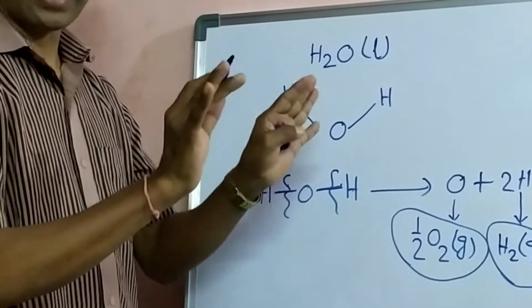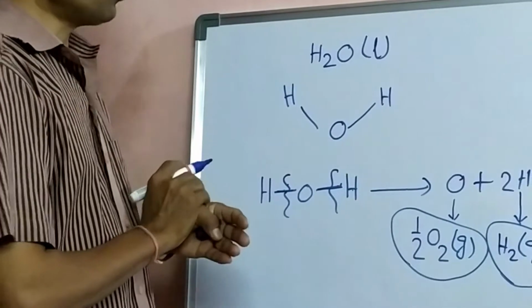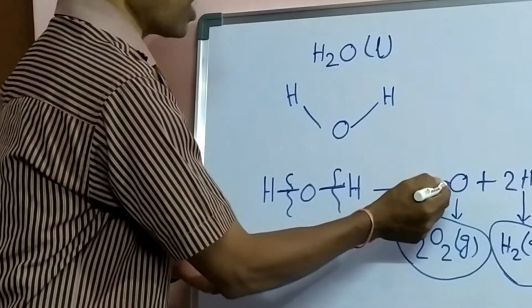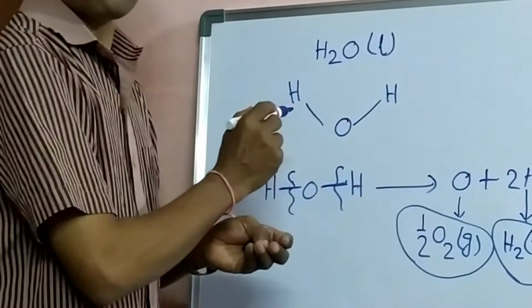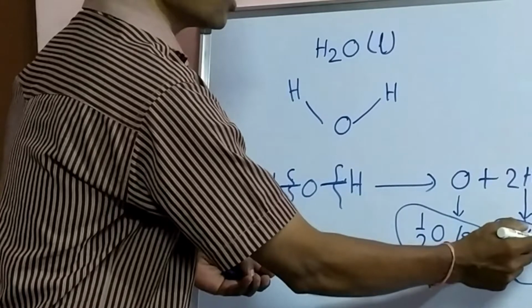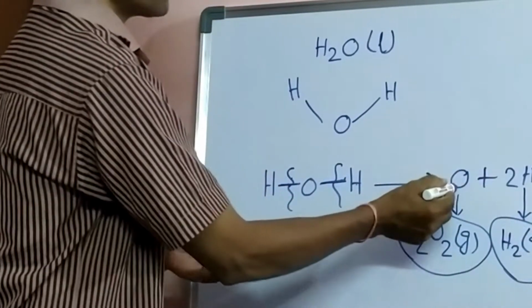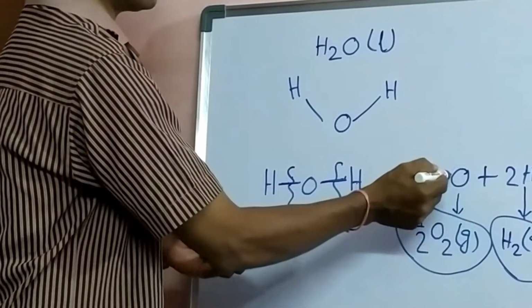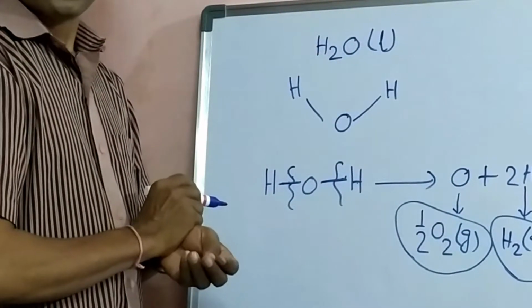Clear now? Another point comes now. If we look into the quantitative aspect, I told you here 1 oxygen atom, 2 hydrogen atoms, which means the liberation or production of hydrogen gas will be twice the production of oxygen gas, because its quantity is 2 times the quantity of oxygen. Is it not?